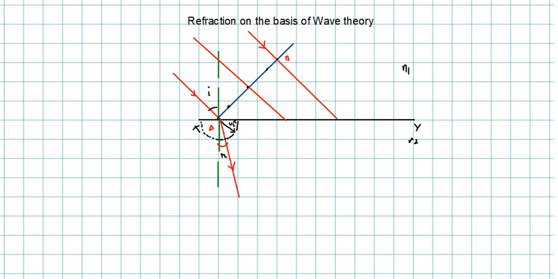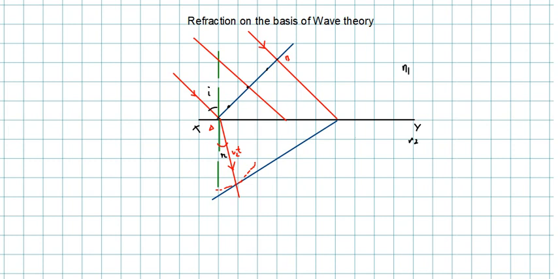With v2t as the radius, that is the distance covered, we can draw the refracted wavefront like this, because this is the radius v2t.